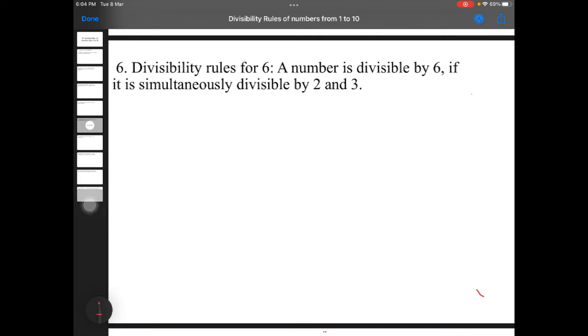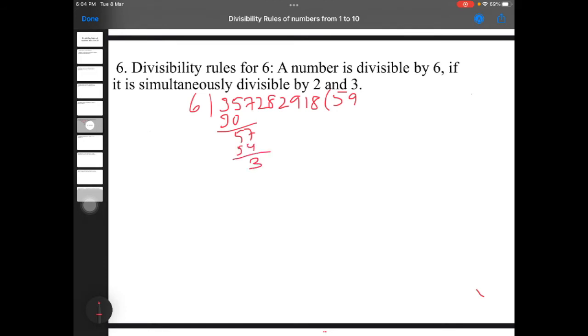So let's see if we can divide this number by 6. 3, 5, 7, 2, 8, 2, 9, 1, 8. So here we'll go 5, will be 30, then 5, 7, then we'll go with 9, will be 54.